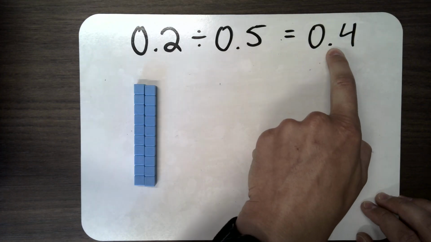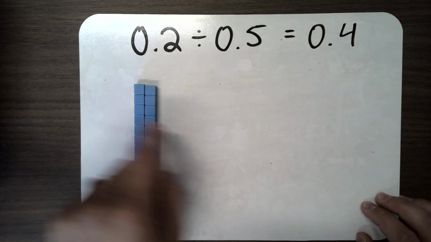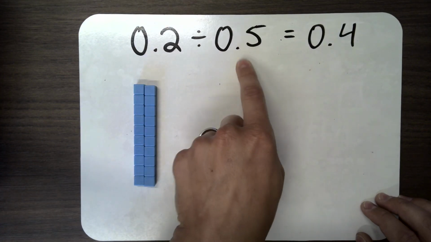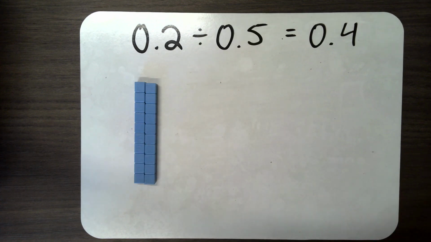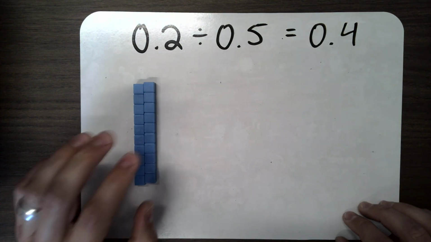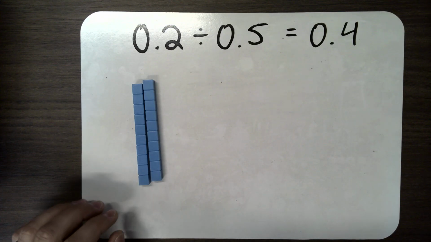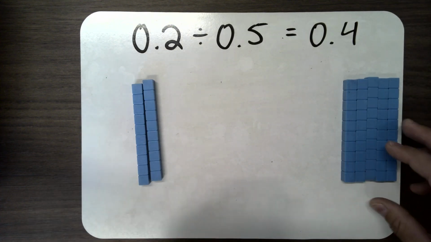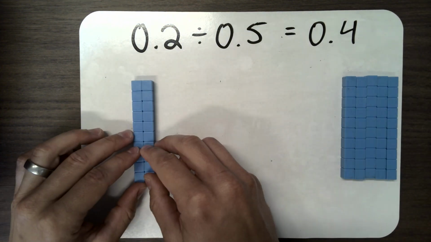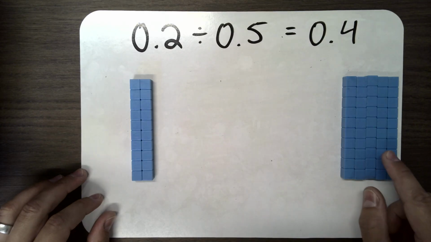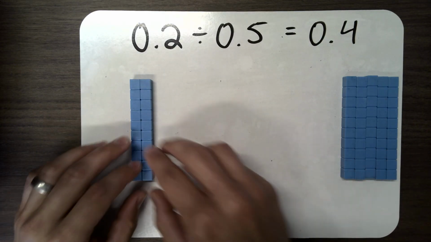Okay, so we're going to show why this quantity is equal to 4/10 of a group that has a size of 5/10. Okay. So if we're thinking of a group of 5/10, sometimes it's helpful to actually bring that in for comparison. Right? So from these 2/10, we obviously cannot create a full group of 5/10. Right?